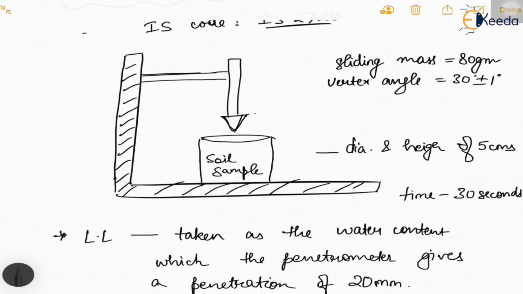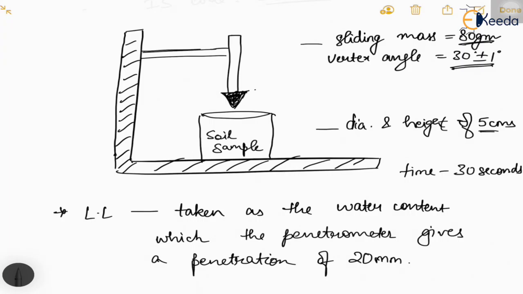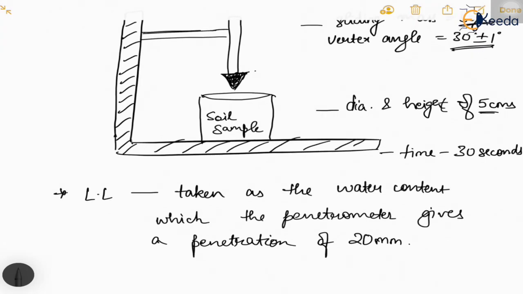Firstly, we need to remember some of the physical properties of the apparatus: the cylindrical vessel has a diameter and height of 5 centimeters. The sliding mass is around 80 grams. The vertex angle of the cone I've shown here is around 30 degrees. Further, a time period of around 30 seconds is given to penetrate into the soil sample.